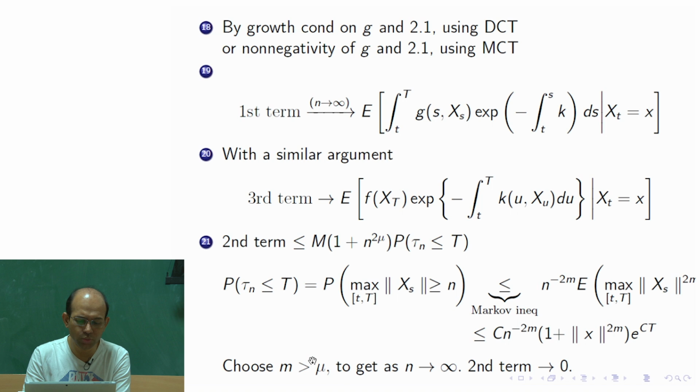So we can choose this m sufficiently large, say larger than mu. Mu is the polynomial growth degree.